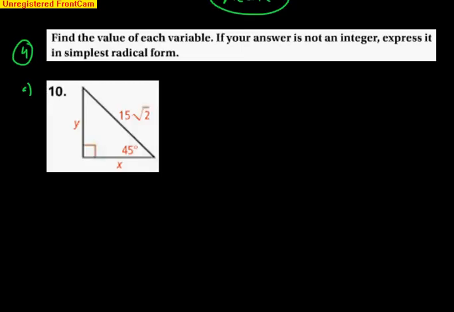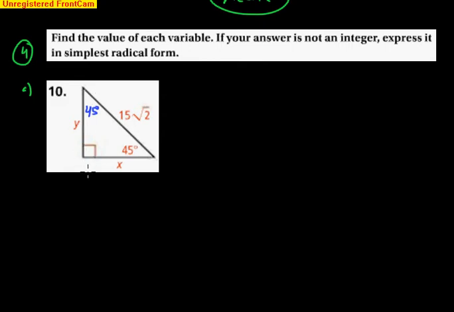Okay, we have a couple problems coming up where we're going to find the value of each variable, so there'll be multiple variables. In this picture, we have a 45-degree angle and a 90-degree angle. So here they start giving us angle measures. Well, this is a 45, 45, 90 triangle.